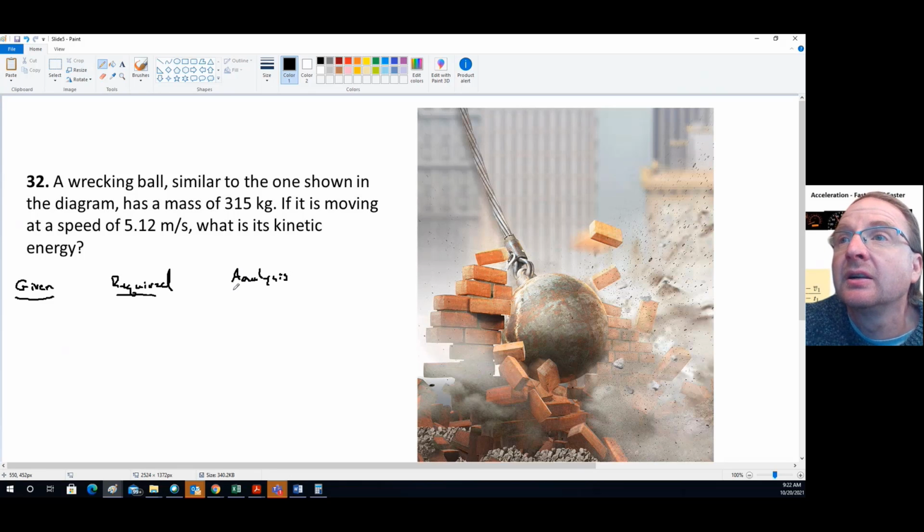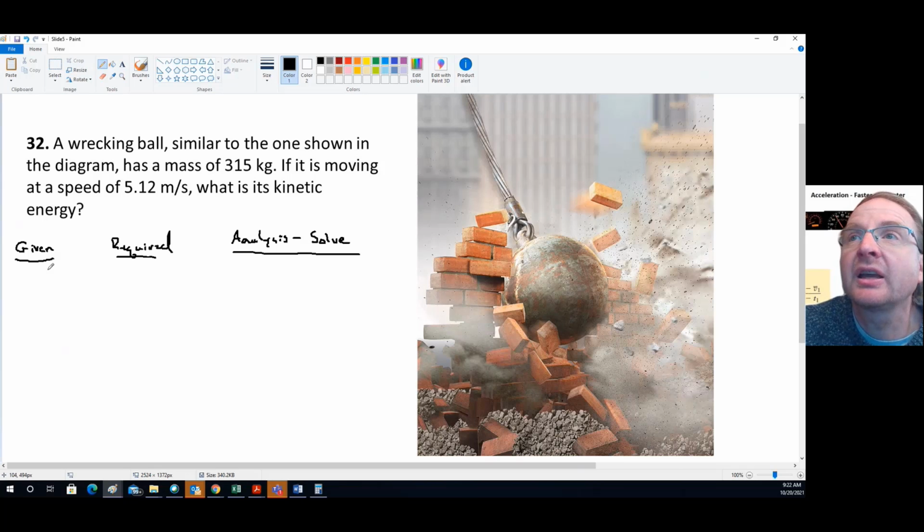Analysis. In other words, what formula do we use? And then solve it. Just plug in the numbers. Let's get some of those numbers out of here. Looks like we're looking for kinetic energy. Might as well put the formula out, right? 1/2 times mass times velocity squared. Let's see what we got here. We have m, 315.